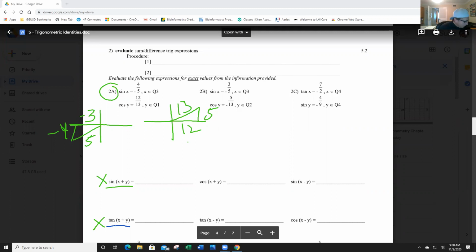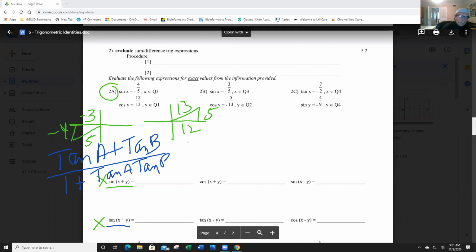Tangent x plus y, or a plus b, is tangent of a plus the tangent of b divided by 1 minus tan a times tan b. There's a lot there, so let's check it out.